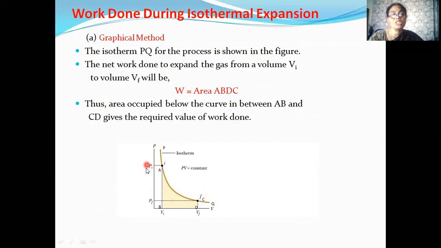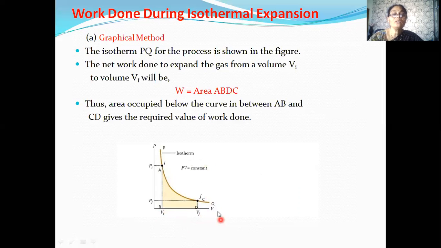PI represents the initial pressure, PF represents the final pressure. Similarly, VI represents the initial volume, VF represents the final volume. Here the volume is increasing from VI to VF. That means the gas is expanding. There is an increase in volume, so we can confirm it to be an expansion process. As the temperature is remaining constant, we can say it is an isothermal expansion process.